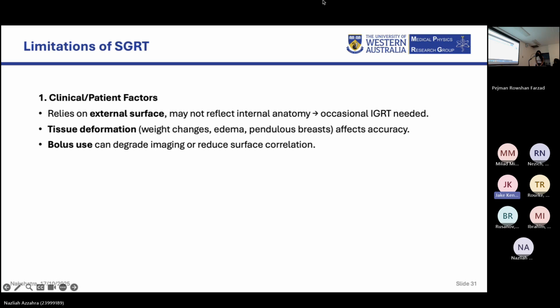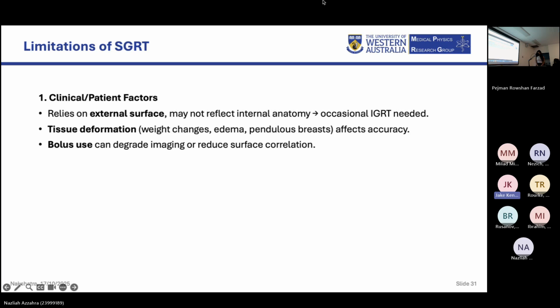Since SGRT has a lot of benefits, but it possesses some limitations as well. SGRT relies on external surface, so it doesn't always correlate with the internal anatomy, and that's why periodic IGRT is still important.